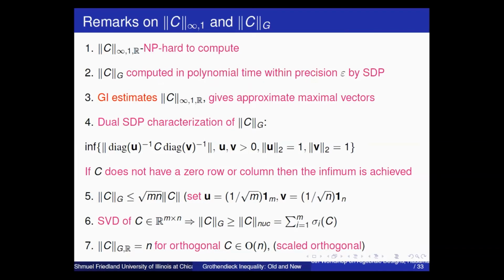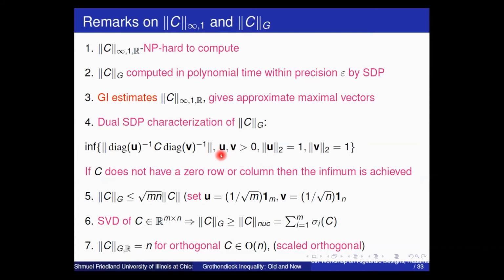Now, next is the dual SDP characterization, because if you have an SDP problem, then you have a dual, and because you have a positive definite matrix in your set, they're equal. This is the dual of the Grothendieck inequality, so it's an infimum.